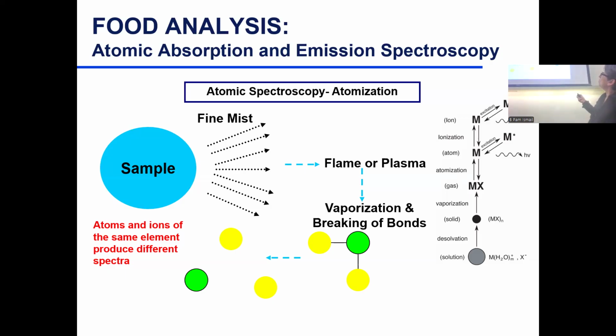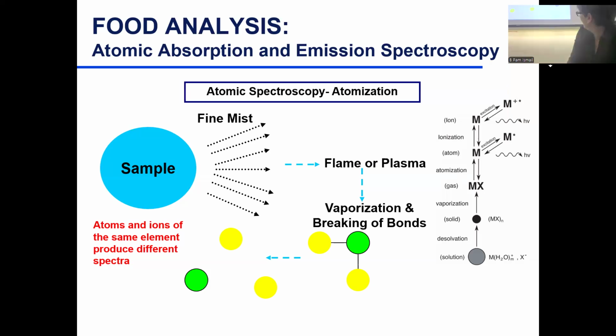Now, we want to prevent ionization. So the flame shouldn't be too hot. If it were too hot, your atoms will ionize. We don't want that because ionized ions will have a different absorption spectrum than atoms. So we want to make sure that the flame is hot enough to atomize, but not to ionize.